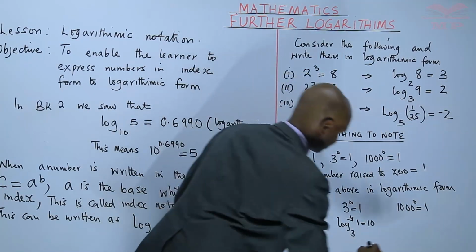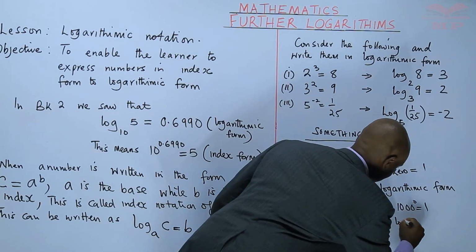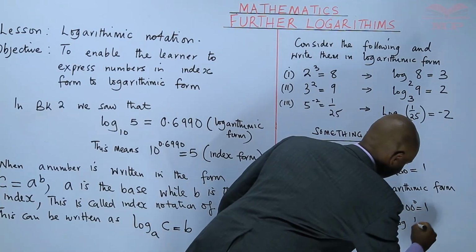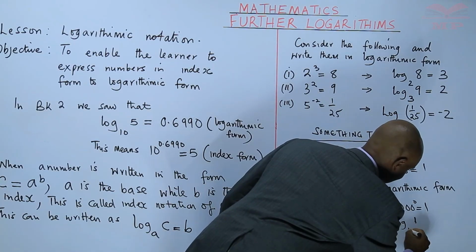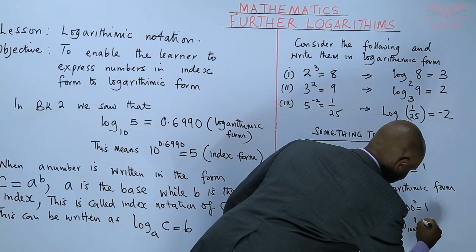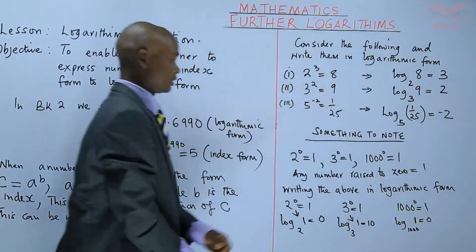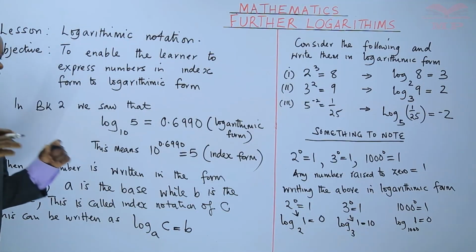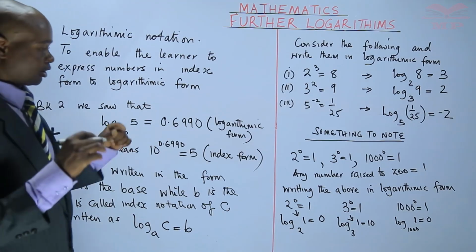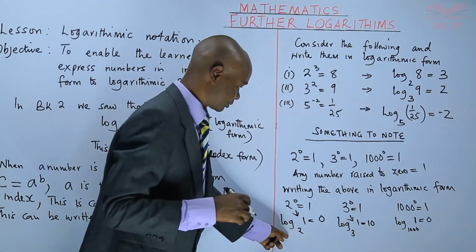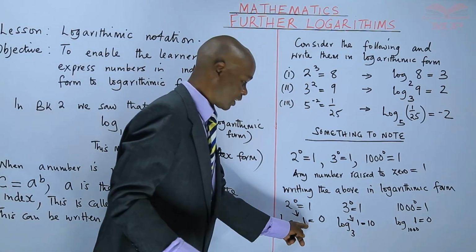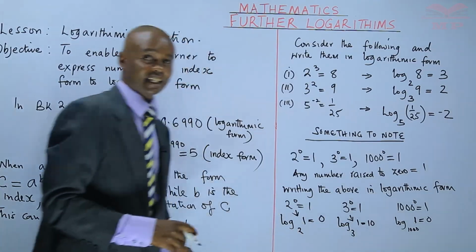It means log of 1 to the base 1,000 should give you 0. So the log of 1 to the base of any number will give you 0.